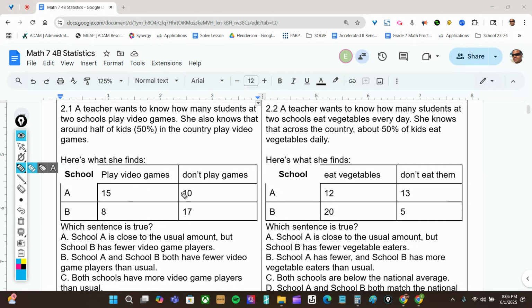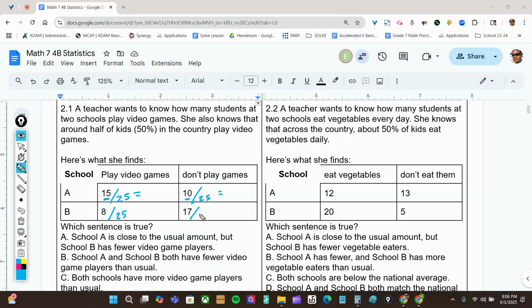Okay, so 15 plus 10 is 25. So if we divide this one by 25 and we divide this one by 25, we get the percent. Same thing here. 17 plus 8 is 25, right?